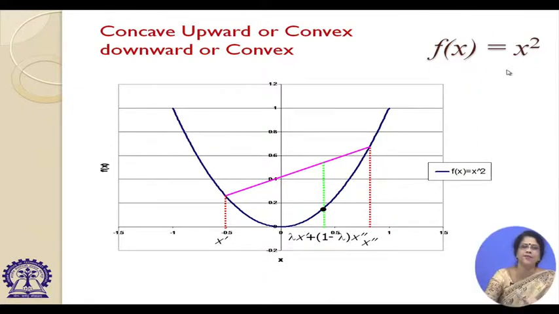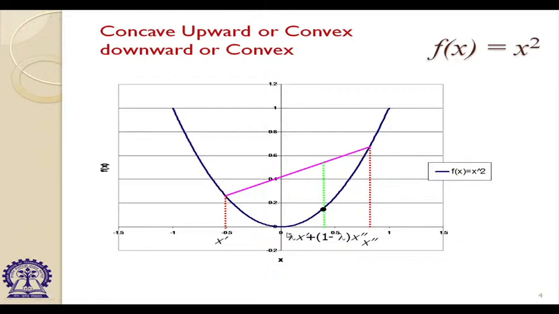If I consider f(x) equal to minus x square, certainly it would be the reverse. You must have learned in your linear programming as well that minimization of the objective function is the same as the maximization of the negative of the objective function.